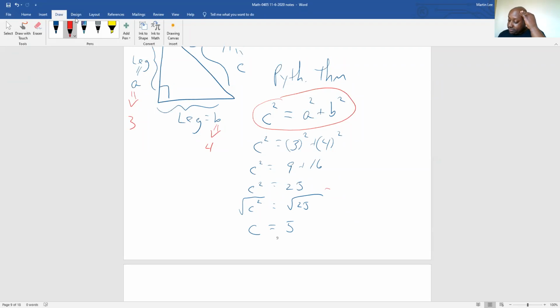This is just a side note. Normally, when you take the square root of a number, you get a positive and a negative number. So the square root of 25 is actually plus 5 and negative 5. But since we're talking about the length of the side of a triangle, the length can't be negative. So we're focusing on just the positive square root. So C equals 5.